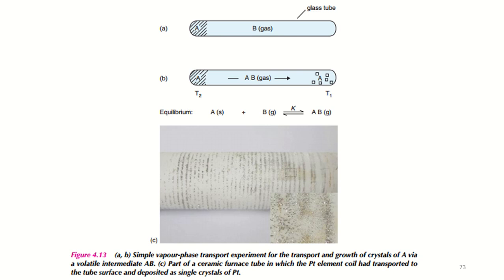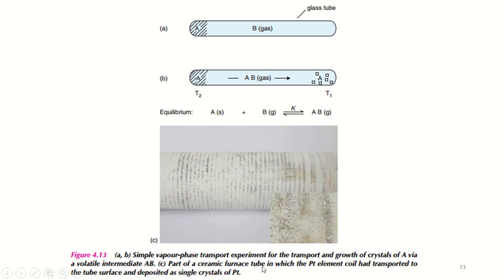A nice but quite expensive example is shown in this part, a ceramic tube in which a platinum element coil was transported to the tube surface and deposited as single crystals of platinum.